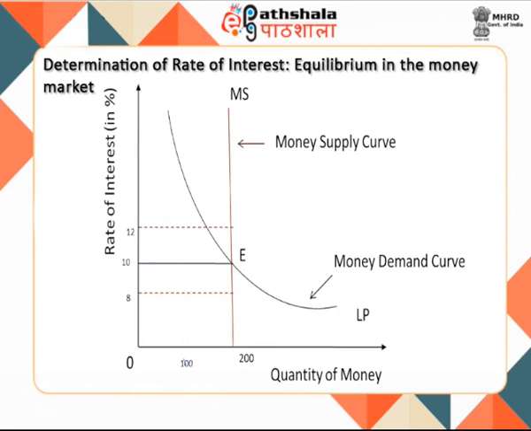MS is the money supply curve, which is a vertical straight line showing that 200 crores of rupees is the money supply fixed by the monetary authority. It will be seen that the quantity demanded of money equals the given money supply at 10% rate of interest. So the money market is in equilibrium at 10% rate of interest. There will be disequilibrium if the rate of interest is higher or lower than 10%.